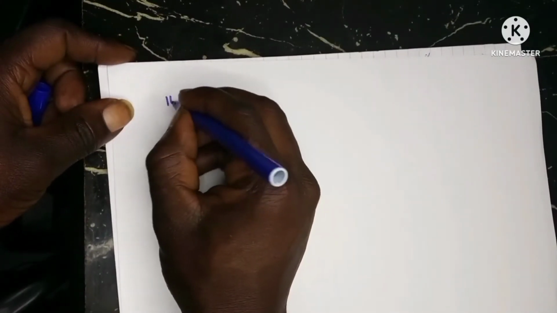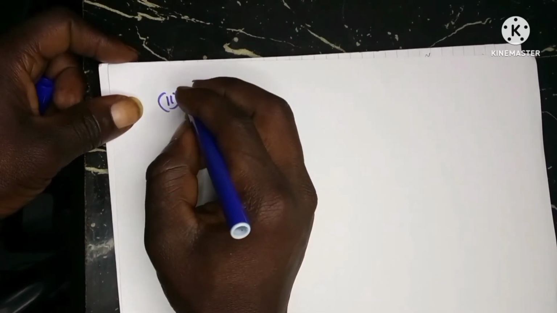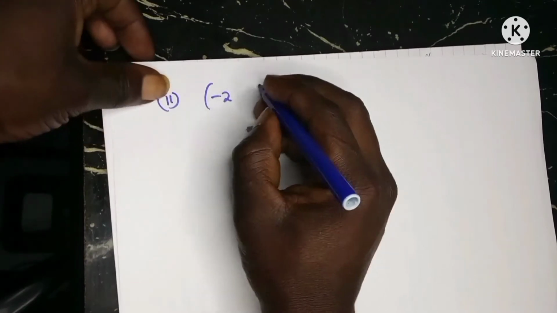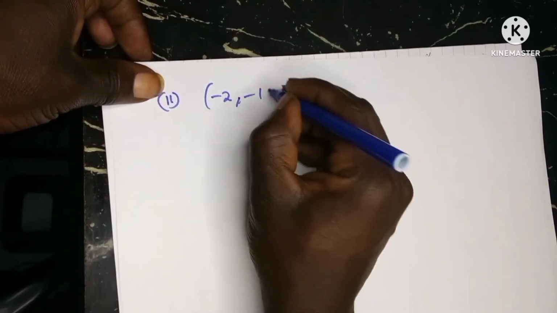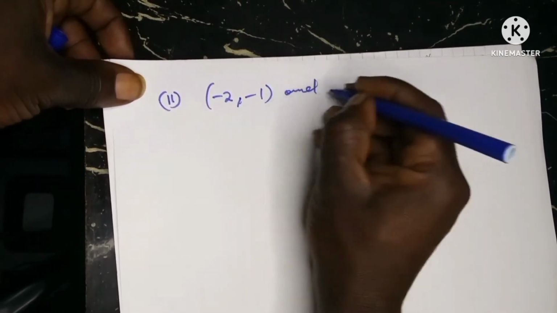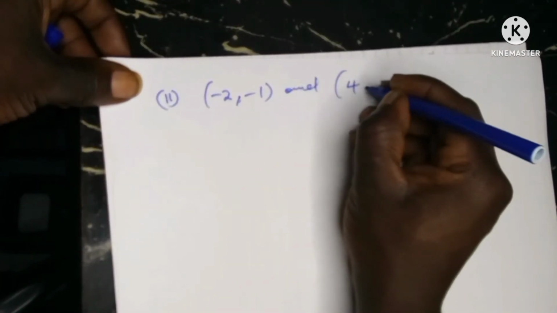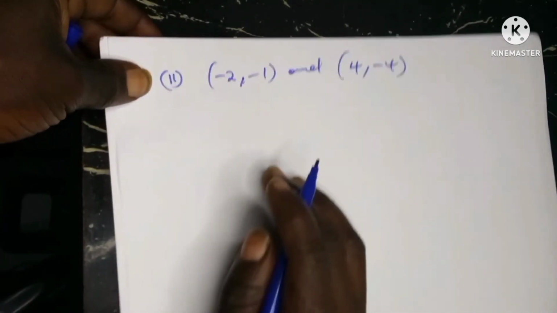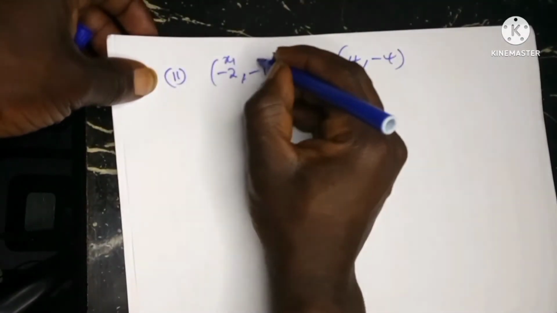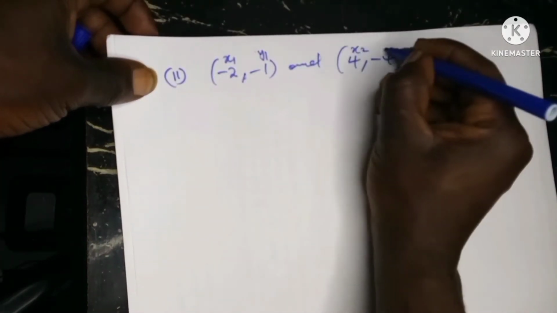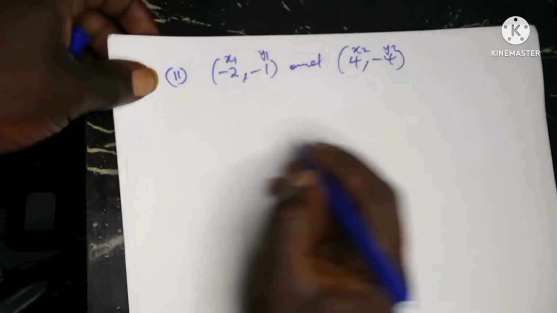Question number 2. We have the points (-2, -1) and (4, -4). So this is x1, y1, x2, y2.